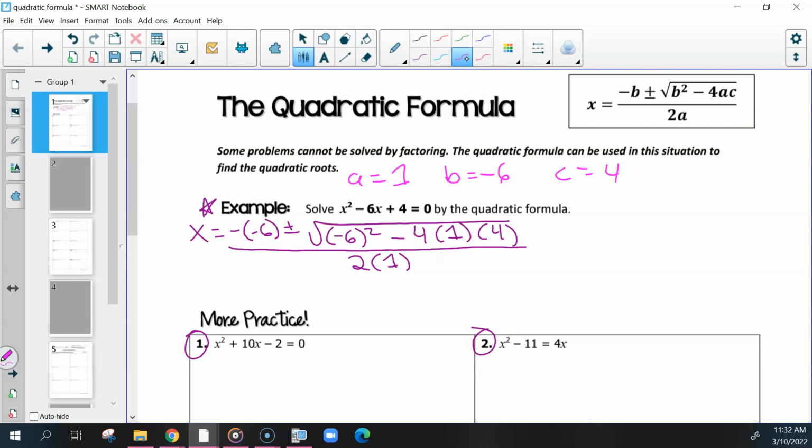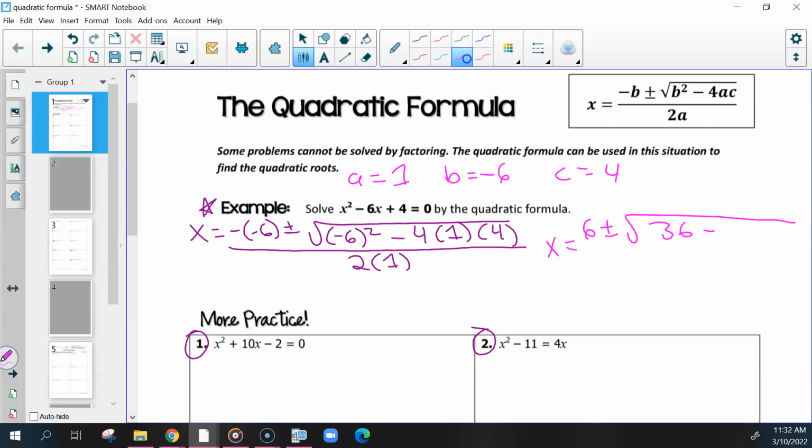So next, this negative and this negative would combine to become a positive 6. The plus or minus would stay. Negative 6 times negative 6 would become a positive 36 underneath the square root. Keep your subtraction sign and multiply these three numbers together.